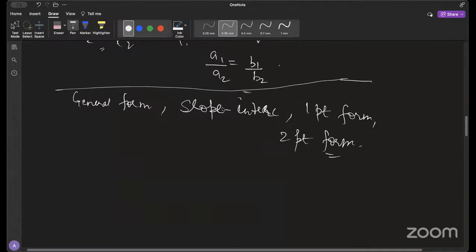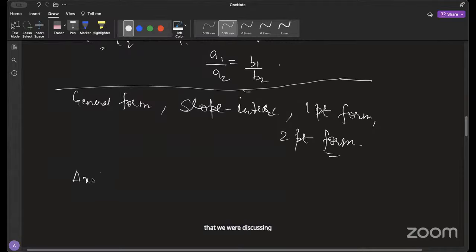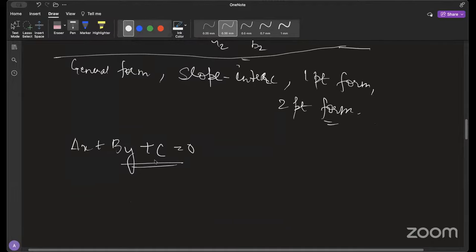The general form is this that we were discussing right now, the general form for a straight line. And then slope-intercept form is this one, y equals mx plus c, where c is the intercept and m is the slope.